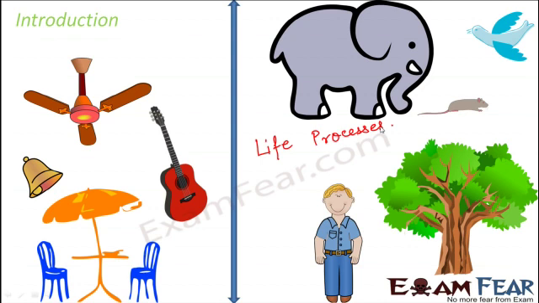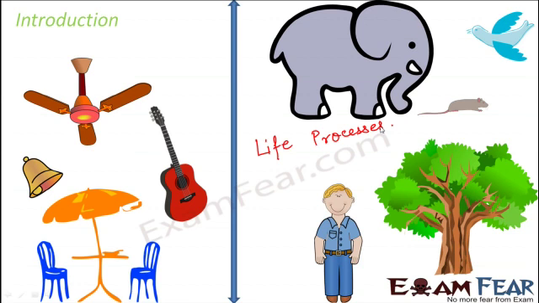Now many people say that the basic difference between living and non-living is that living organisms will move and non-livings won't. But that's not true, because plants also do not move from one place to another, but they are still living. Why? Because these life processes are taking place inside the body of a plant. So the plant also needs food.